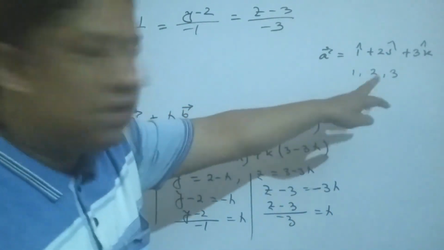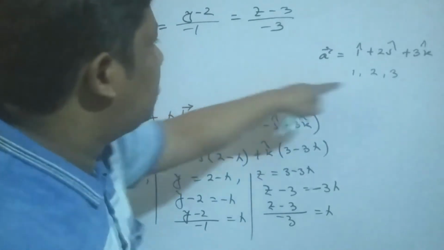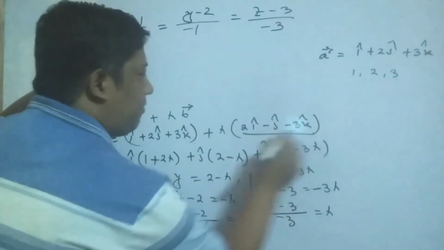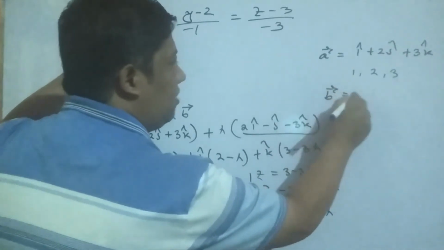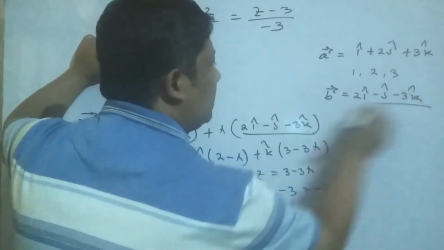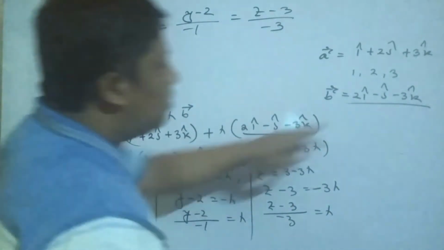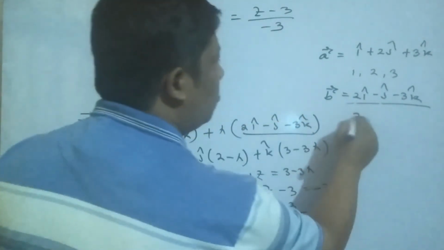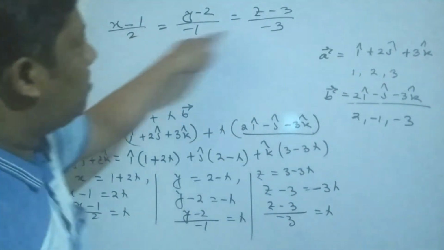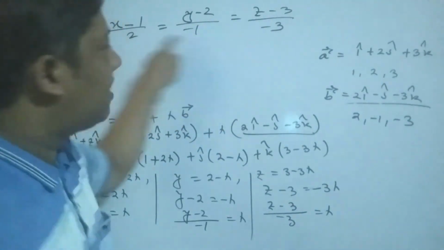My students, the line passes through this point, that is why I put it like this. And the parallel vector b is given as 2i minus j minus 3k. So the coefficients of the parallel vector are 2, minus 1, minus 3. I have already written 2, minus 1, minus 3, and that is the parallel vector.